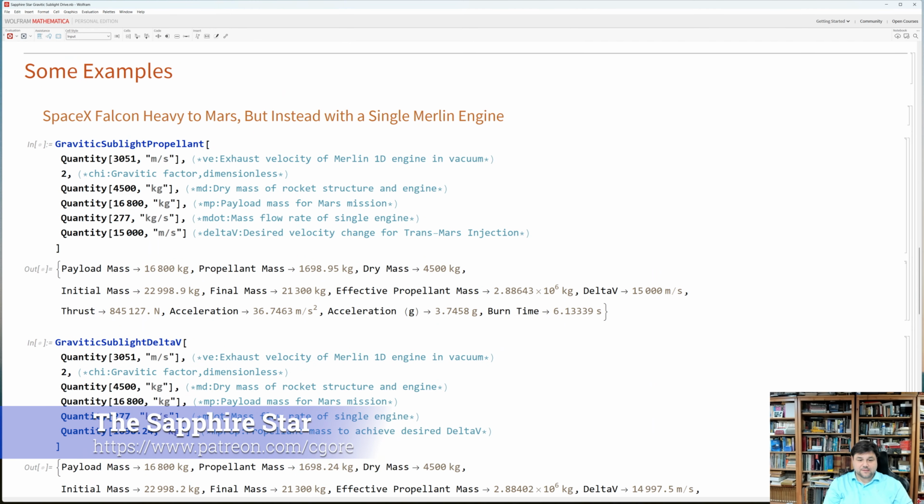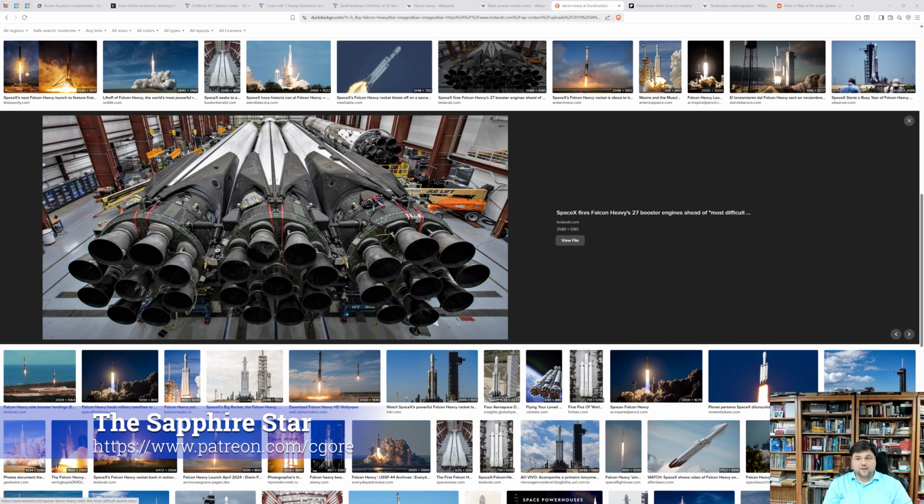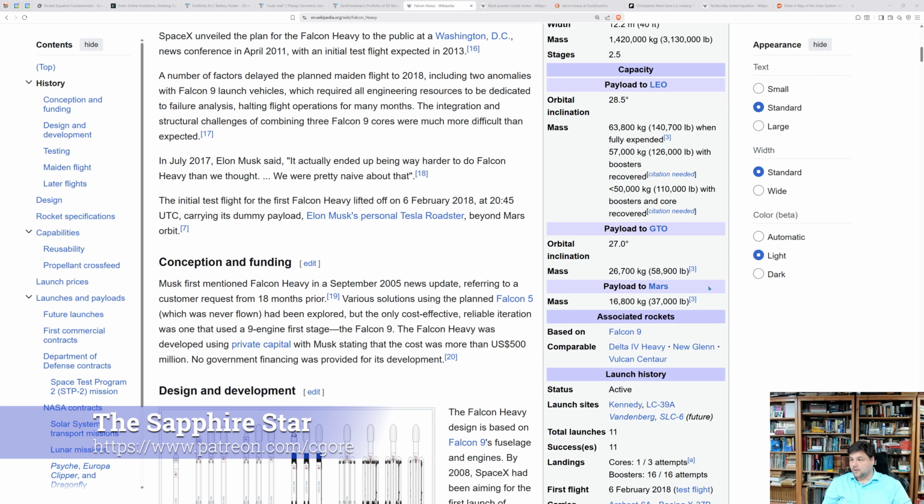As an actual example, let's take a SpaceX Falcon Heavy to Mars. The Falcon Heavy, the one that's currently flying right now, not the SpaceX Starship, could do a Mars mission if we wanted it to. According to Wikipedia, the payload to Mars would be 37,000 pounds, or 16.8 metric tons, 16,800 kilograms.